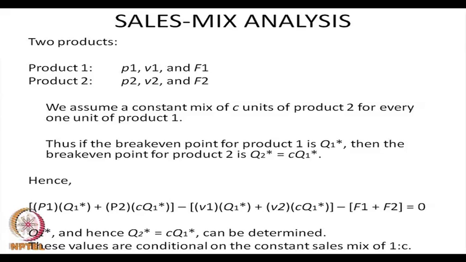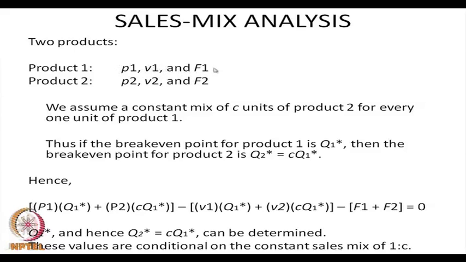Product 1 has got price P1, unit variable cost V1 and fixed cost F1. So, naturally the total revenue is P1 Q1 and the total cost is F1 plus V1 Q1.